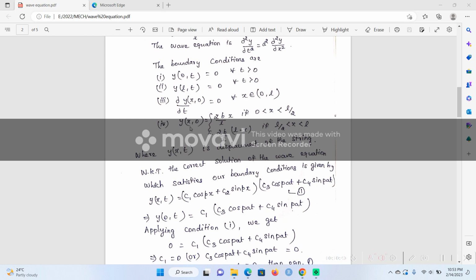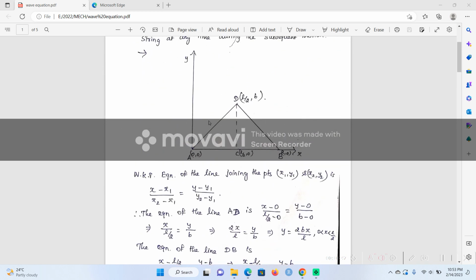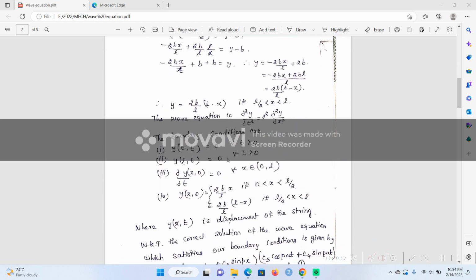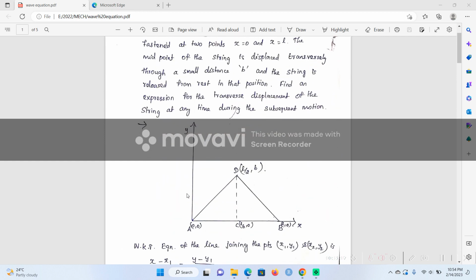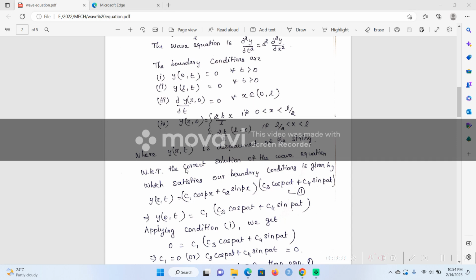And then the fourth boundary condition is the curve equation. So the displacement may form one curve, which is considered as this straight line. Initially the displacement may be in this format. So at time 0 the string is in this position only. Okay, so that one is considered as our last boundary condition, which is taken as y(x, 0).